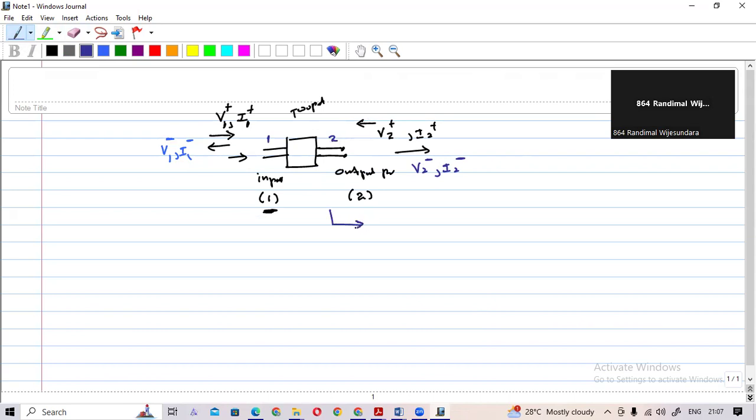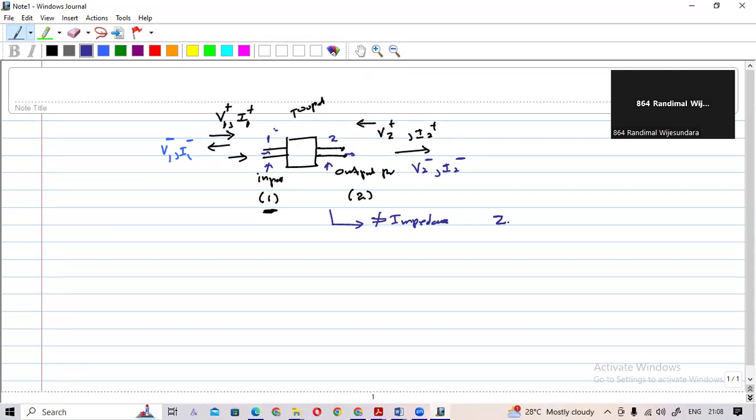So how many impedances can we define here? Okay. So this is one port and this is another port. Here we have an impedance and here we have an impedance. Okay. So this is port 1 to 1.